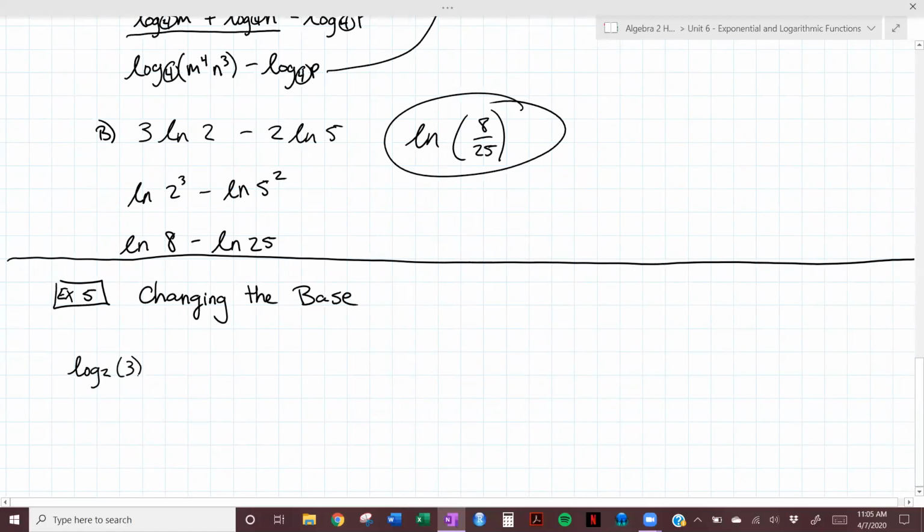So in your graphing calculators, there's a way that you can type in logs with a certain base. However, on a basic calculator, you cannot do that. So I'm going to tell you how to write it out, and then you will need to use your calculator, okay?